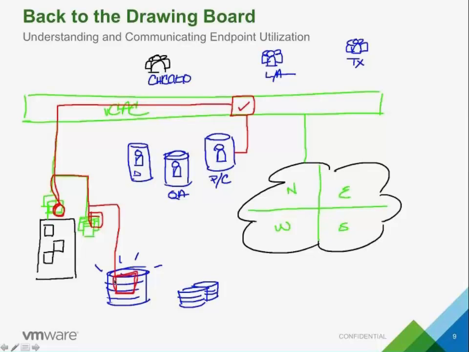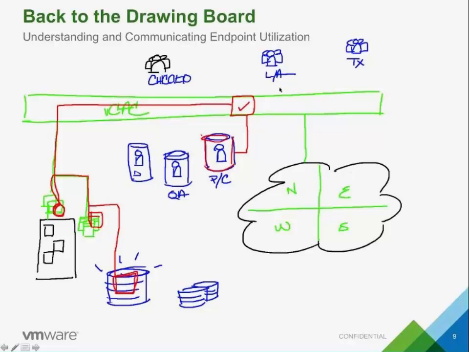But maybe it's a web app. And we did say that we have users that access things in Chicago and LA and Texas. So maybe what we want to do is, because it's requested by somebody in the production group, that web application now gets deployed based upon who requested it.